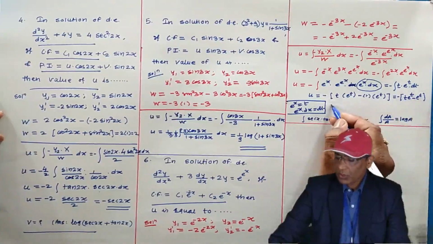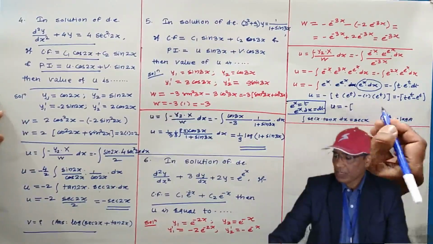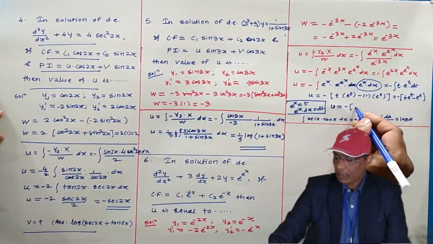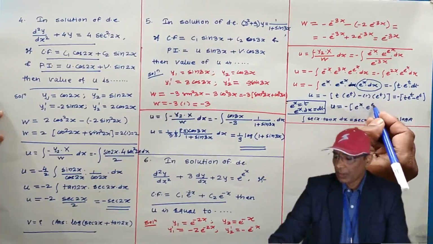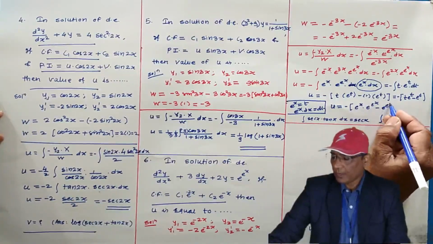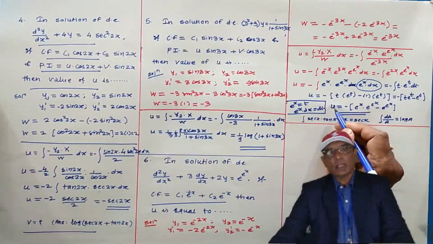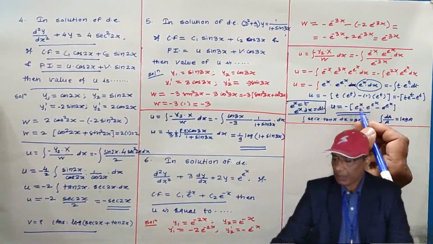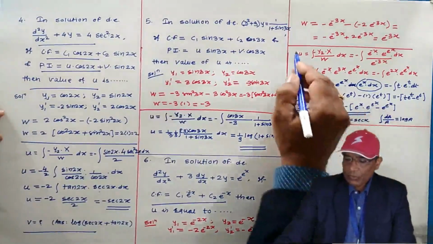Now this minus you can distribute or you can keep as it is also. And finally, value of t I am putting in this. This minus sign you can bring inside of the bracket by multiplying this and this term by minus sign. So this is the value of u we found.